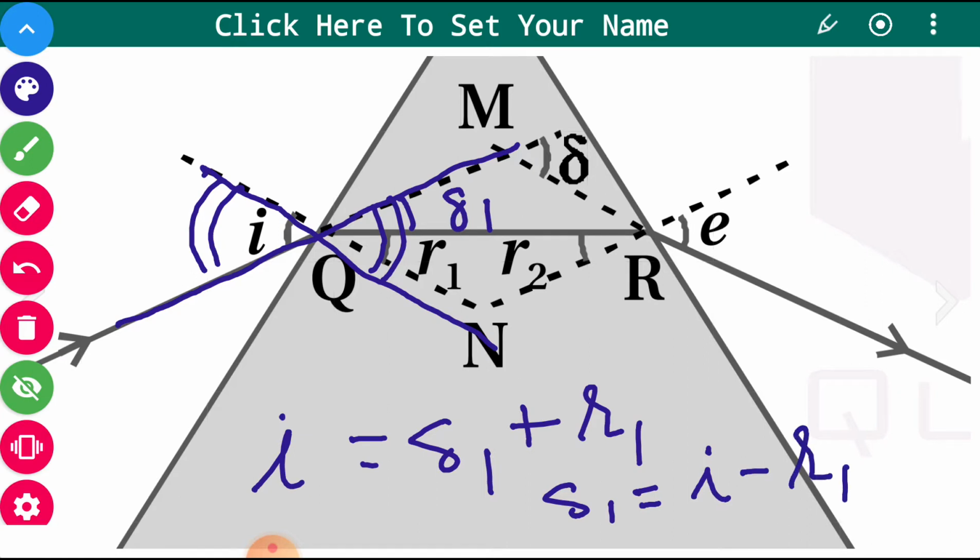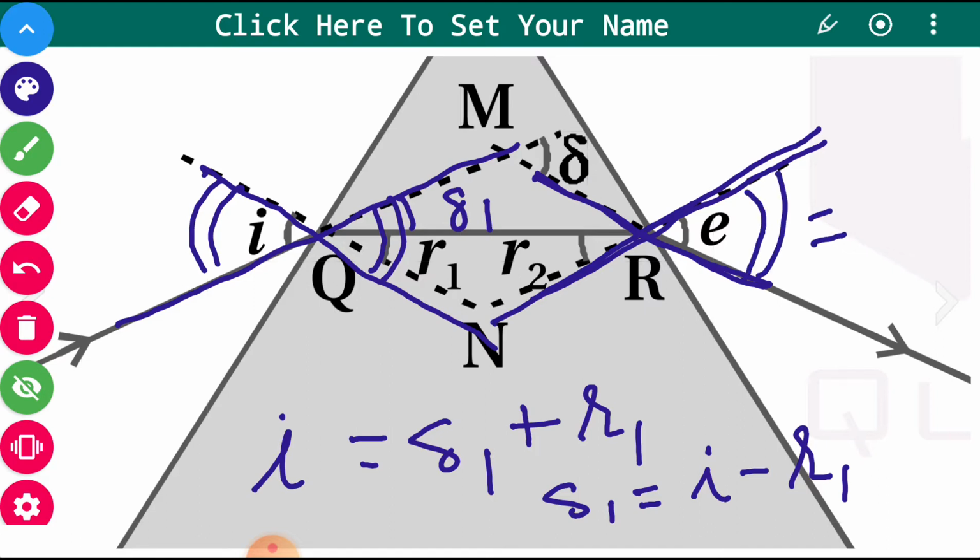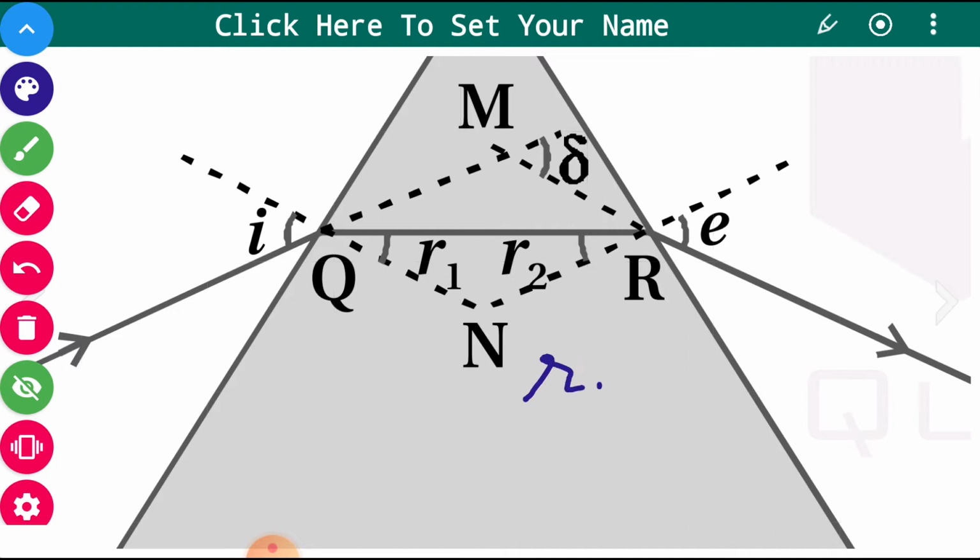Similarly, here also you can see these are vertically opposite angles. You can see there is a cross. So the angle of emergence E is equal to the sum of these two angles, that is delta 2 plus R2. So R2 can be written as E minus delta 2.